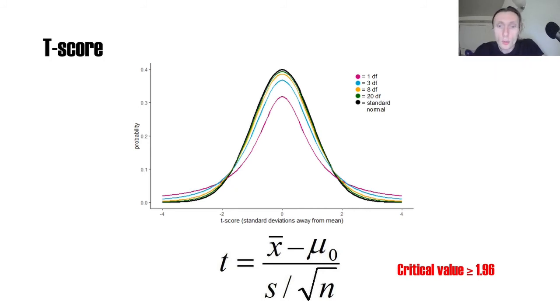Which means that this critical value, right, the number of standard deviations to the right or to the left, after which something has a chance of occurring of smaller than 5%, this critical value becomes larger because the distribution becomes broader, which means that this critical value also moves to the outside, because it basically moves with this distribution itself.